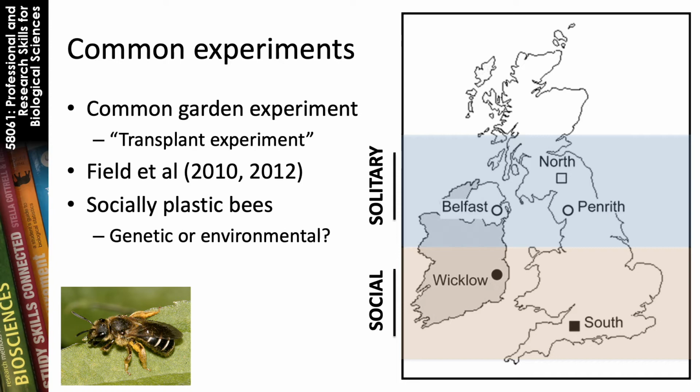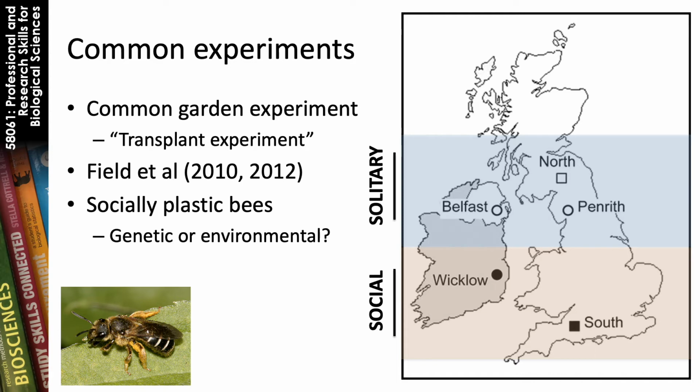What you do with a common garden experiment is that you take individuals displaying particular differences in different environments or different locations, and you bring them into a common environment so that you raise them, or you raise their offspring, in identical conditions, basically.